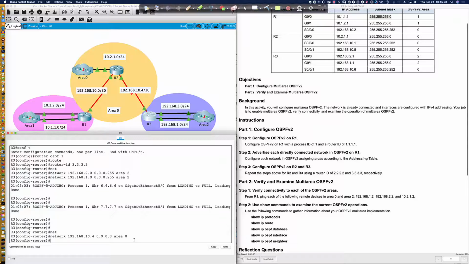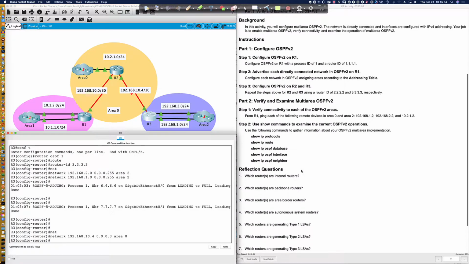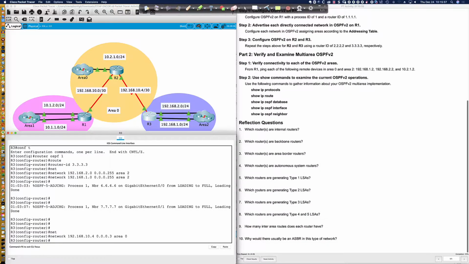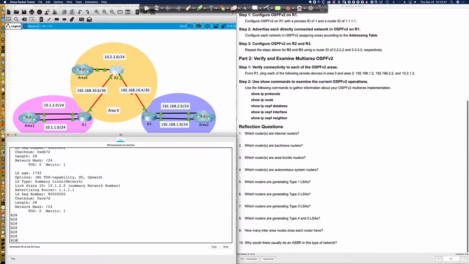So let's drop that network statement in, and that is going to, let me pull up, get to the questions here. That is going to establish an adjacency between router 3 and router 2, although on router 2, did I actually put in show run section router OSPF?